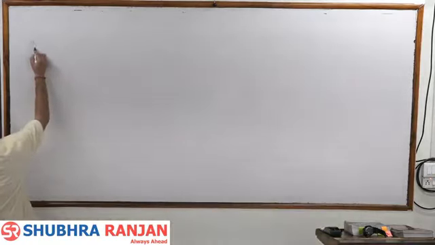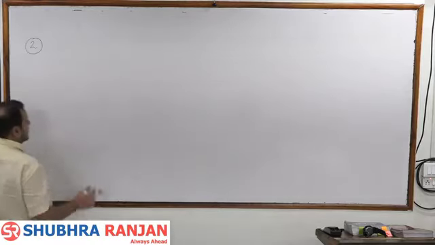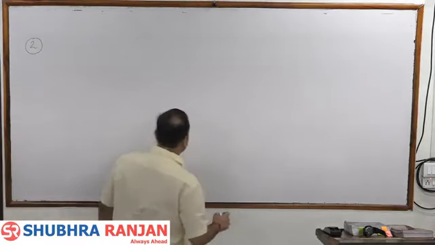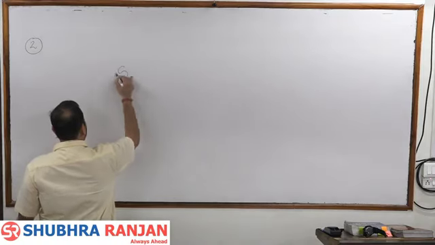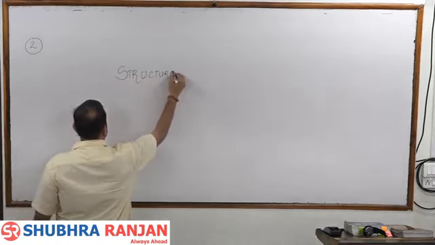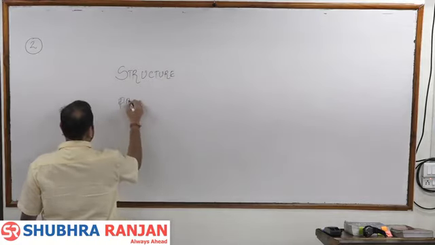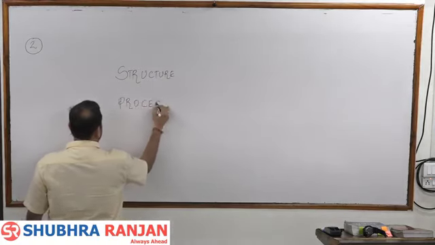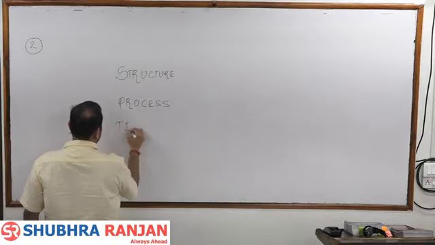Now the second law of geomorphology is the famous concept of Davis. That is, the landform is an outcome of structure, process and time.